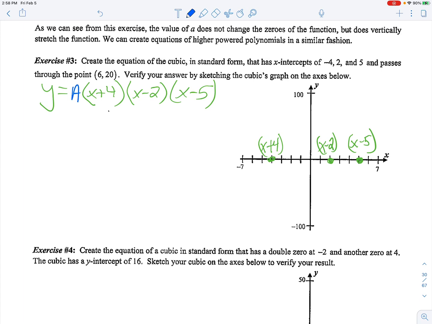Now, the one thing you got to understand is we got to see what the leading coefficient of this cubic function is going to be. We need to find that. Can't assume it's going to be 1. Think about the last example: the leading coefficient was 5. So we need to solve for a to see what the leading coefficient is. It very well may be 1, but we don't know for sure yet.